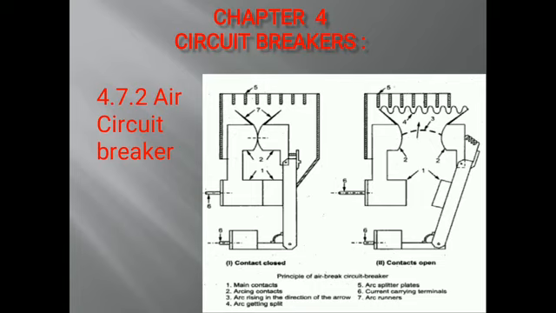For high inductance circuit, if it is not extinguished while traveling through arc runner, then it is passed through arc splitters where it is cooled. This will make effective deionization by removing the heat from arc.